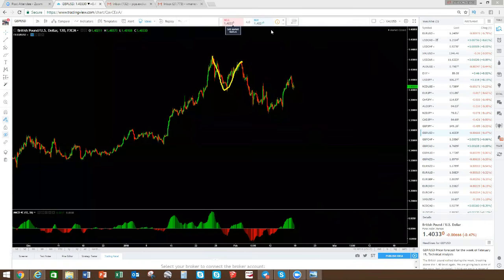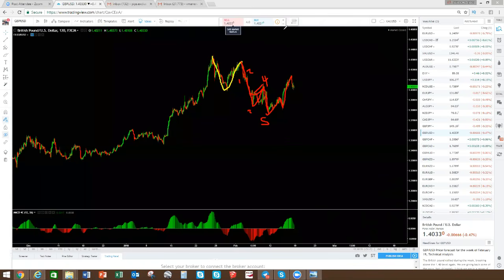And this last piece here is ending as an impulsive 1, 2, 3, 4, 5. I've just indicated a wave 4 here. 1, 2, 3, 4, 5. A, B, C. Textbook stuff. 1, 2, 3, 4, 5, A, B, C.